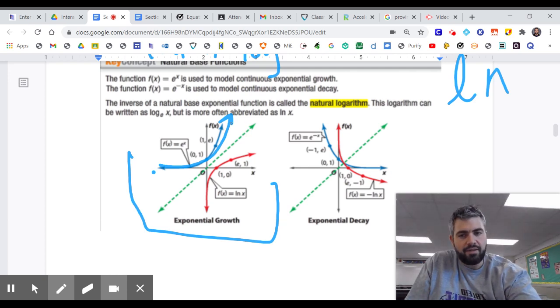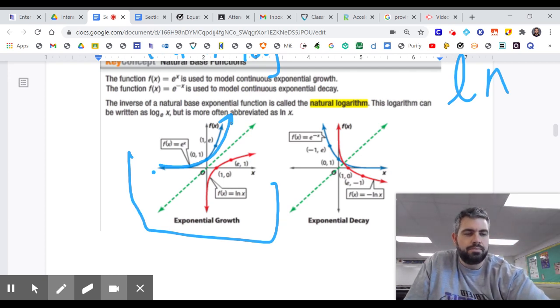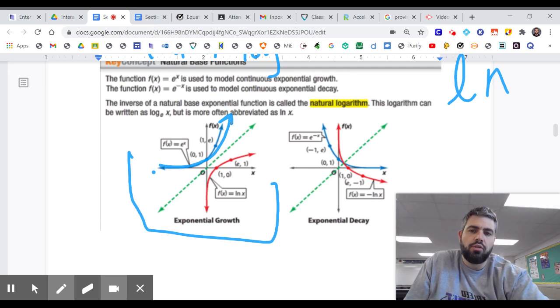The natural log graph is the inverse of it, so its asymptote is x equals 0, and it goes up and crosses at 1, 0. So opposite, right? Inverse. Instead of 0, 1 on y equals e to the x, it's 1, 0 for ln of x. Then negatives are a little bit different, it just shifts a bit. It's kind of goofy, but your calculator graphs them, which is nice.